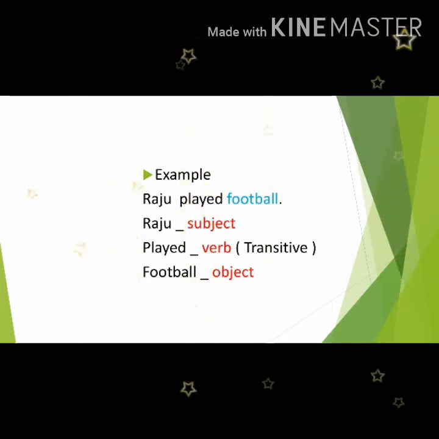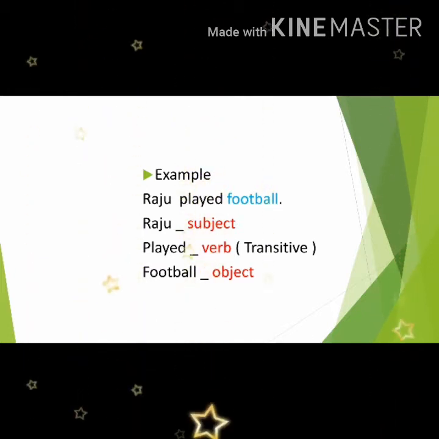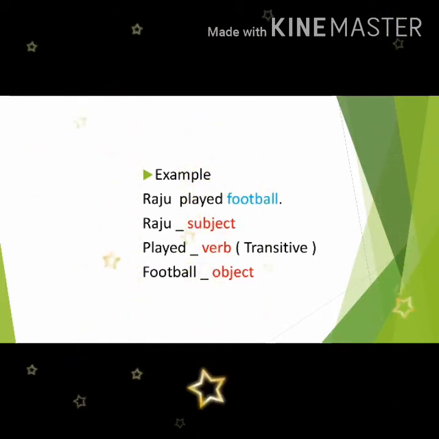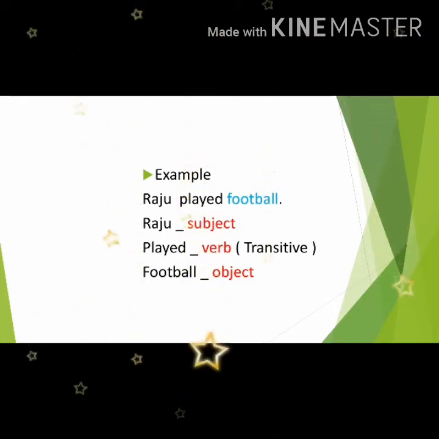In this sentence, played is a verb denoting an action. To find the direct object of this verb, ask the question, what did Raju play? We get the answer as football. Hence, football is the direct object of the verb played. Since the verb played has an object, it is a transitive verb.